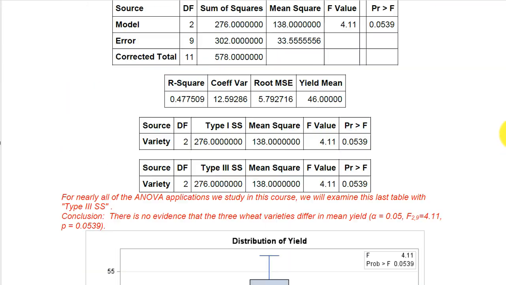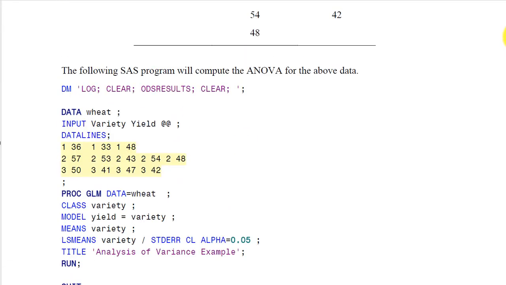That is, we would go back to the beginning of the program, and after data equals wheat and before the semicolon, you could insert plots equals none, and that would turn off all the plots that SAS wants to generate by default. We'll look at some other ways where we can select which plots we want to include, so that we don't have to take all of the defaults. We can just be picky about which ones we choose for our results.